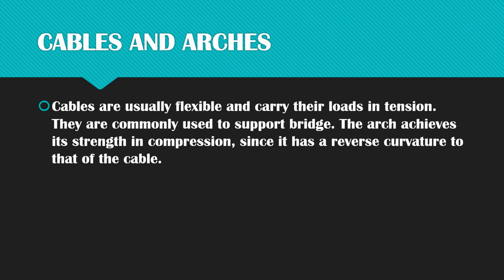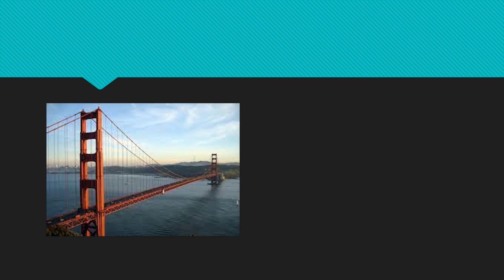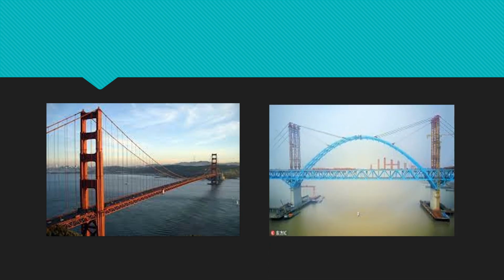They are commonly used to support bridges. The arch achieves its strength in compression since it has a reverse curvature to that of the cable. So basically, cables are for tension and the arch is for compression, which is commonly found in the making of bridges. Here are the examples of cables and arch. Here is the cable and this is an arch.